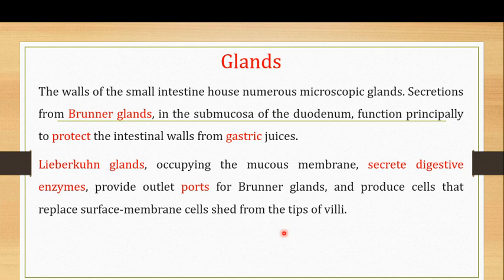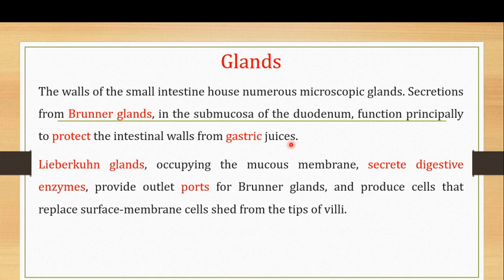Now there are certain small microscopic glands present in the small intestine. One important gland is the Brunner gland, which is present in the submucosa of the duodenum. The function of the Brunner gland is principally to protect the intestinal wall from the gastric juices.